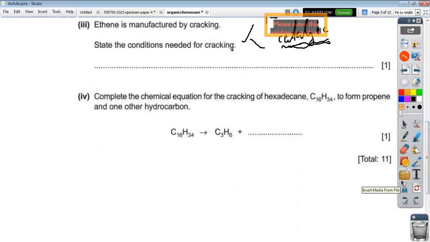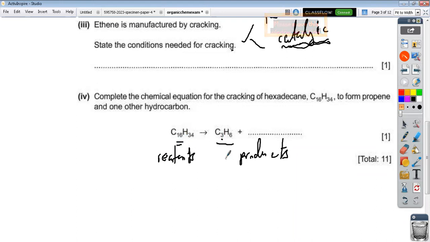Now complete the chemical reaction for the cracking. They've given you one of the compounds. Can you see this? So how do you complete it? It's easier, because when we crack, whatever we get in the products should be exactly equal in terms of the number of carbons with the reactants. How many carbons do I have here? 16.